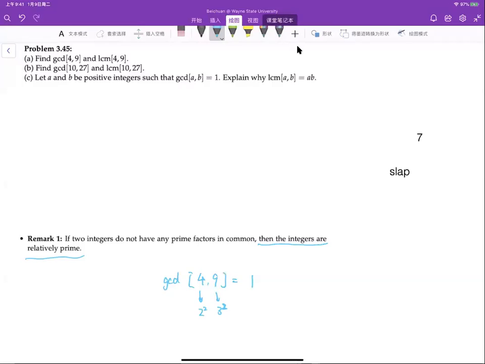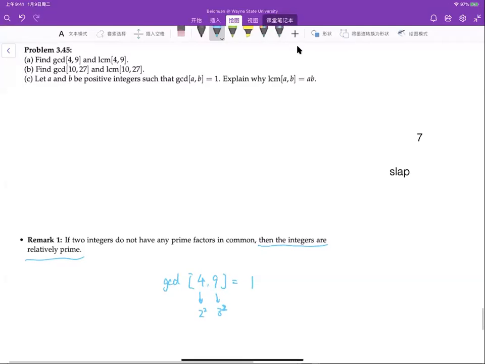Both of them are composite numbers. So please distinguish the concept of relatively prime from prime numbers. They are not the same thing.